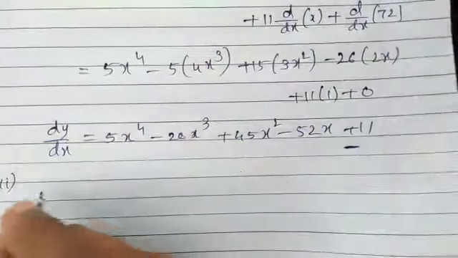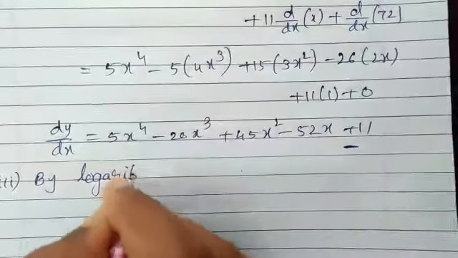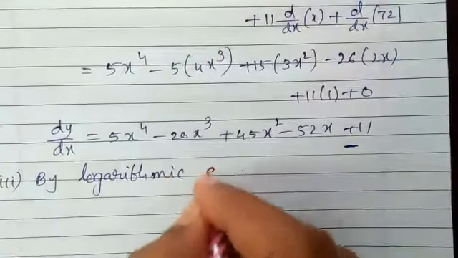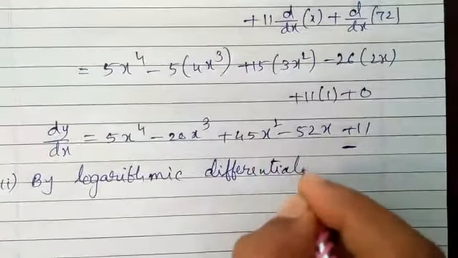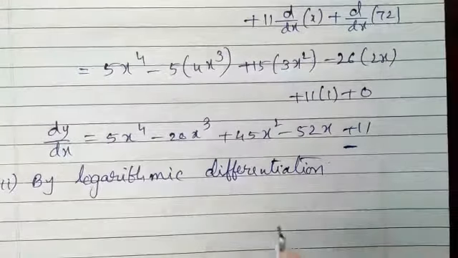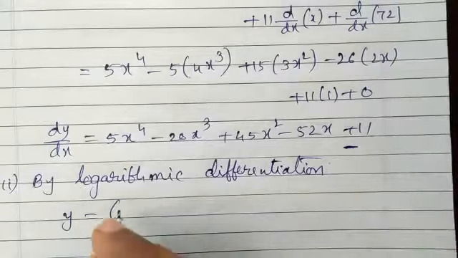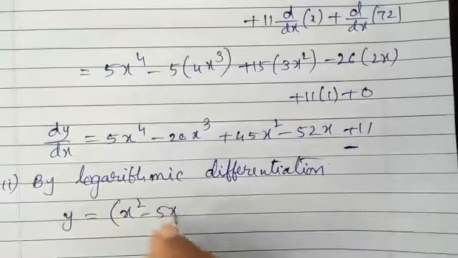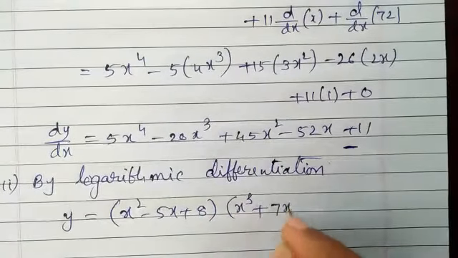Third one, by logarithmic differentiation. Logarithmic differentiation. Y is equal to x square minus 5x plus 8 into x cube plus 7x plus 9.